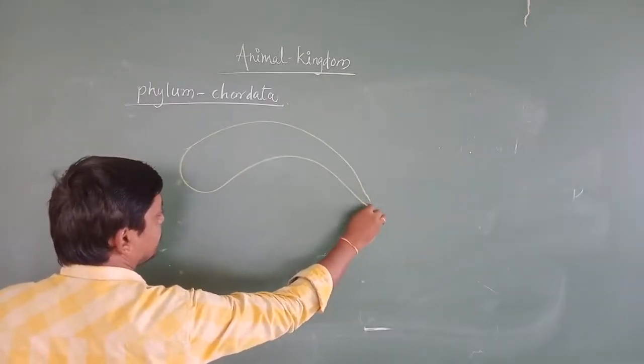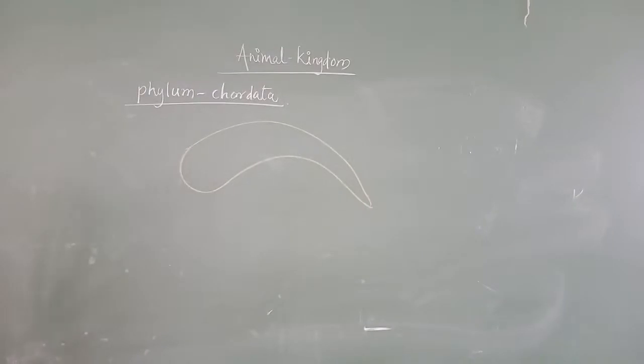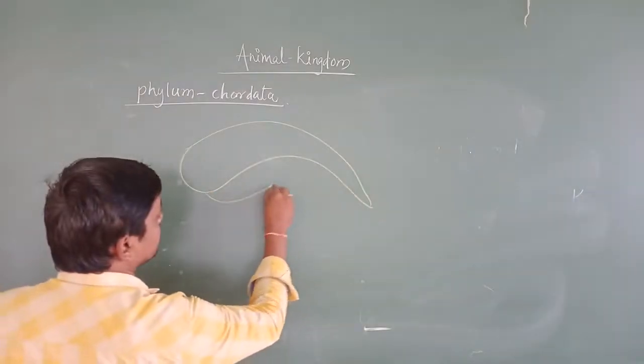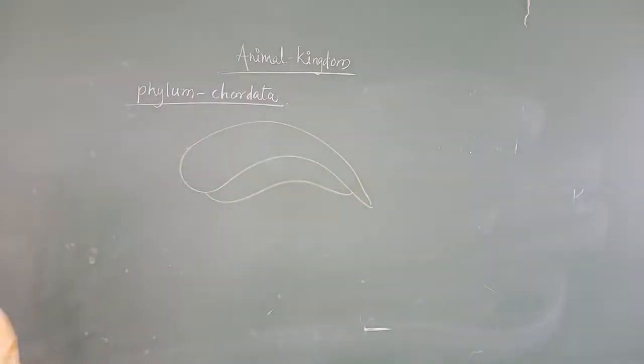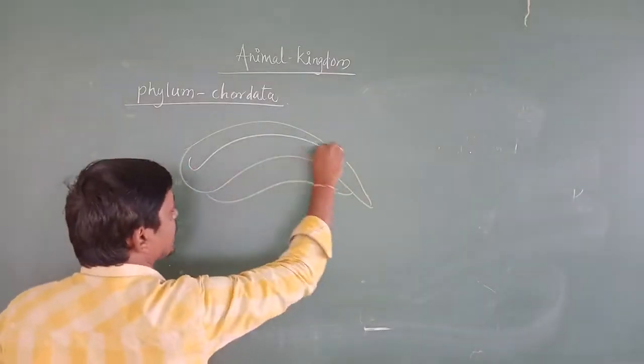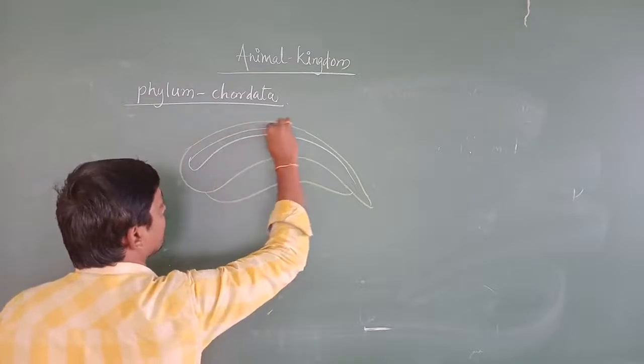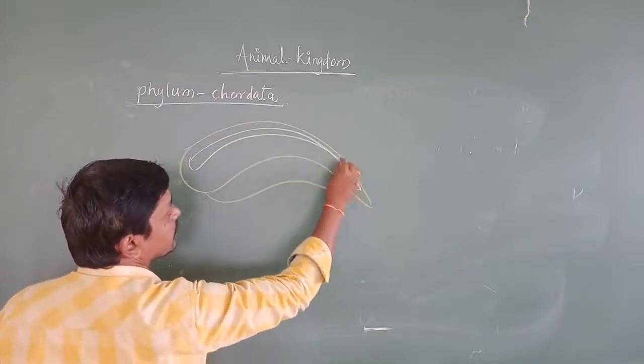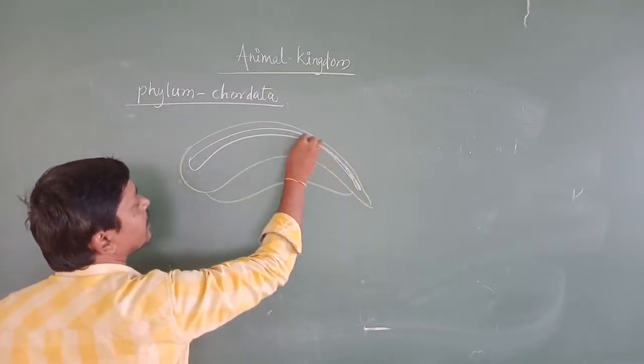A fish-like structure like this. Then here I used to draw like this. Here one structure I am going to draw on the upper side. This is a very important thing.